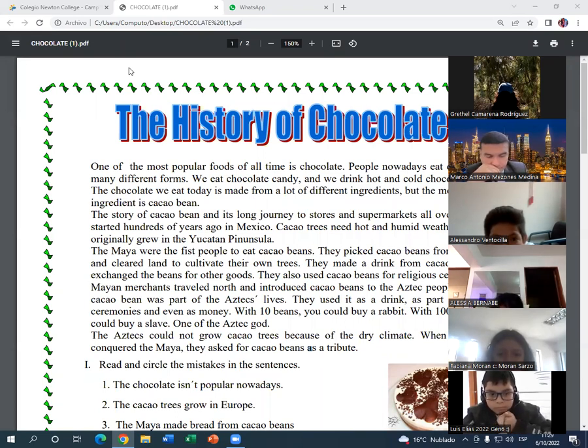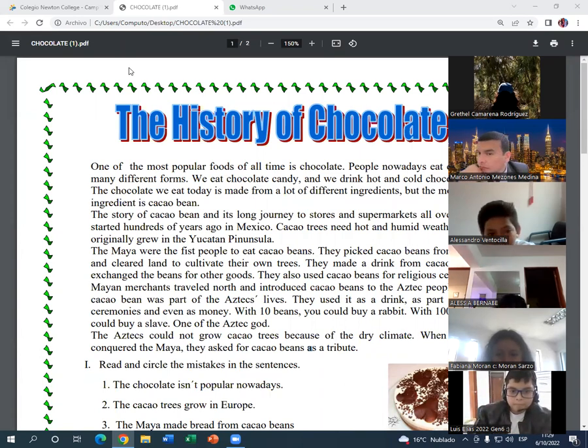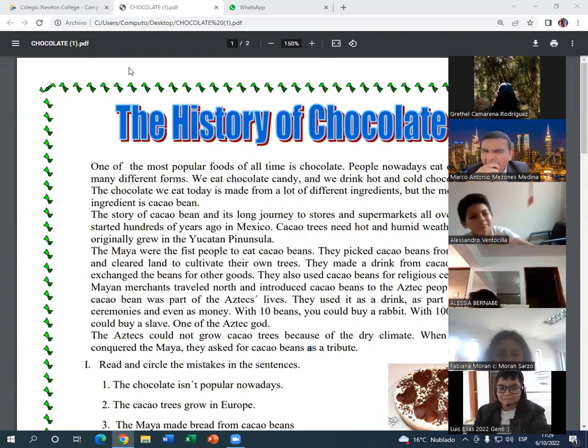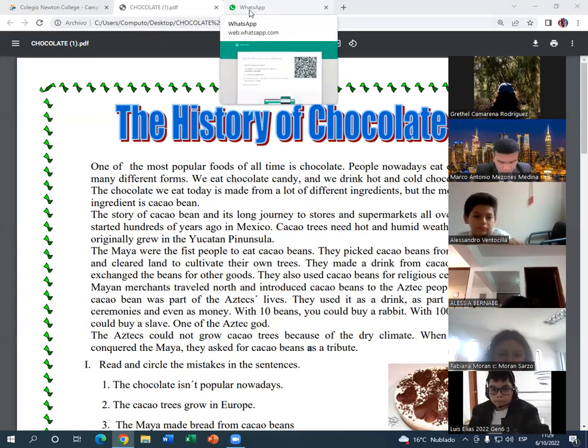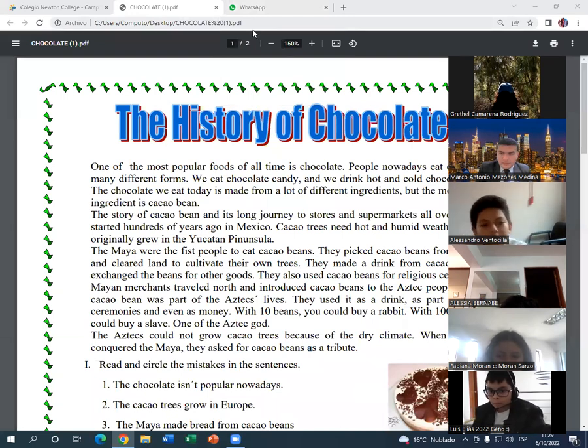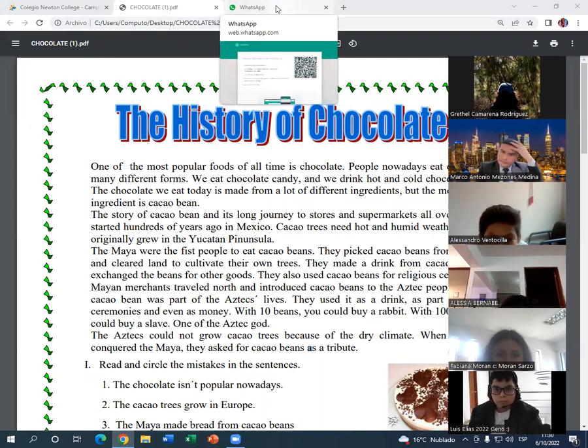The Maya were the first people to eat cacao beans. They picked cacao beans from wild trees and planted land to cultivate their own trees. They made a drink from cacao beans and exchanged the beans for other goods. They also used cacao beans for religious ceremonies.